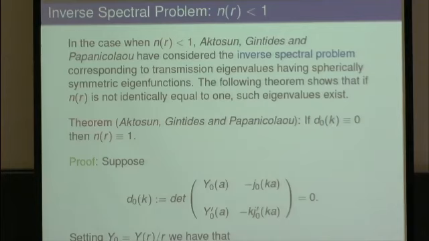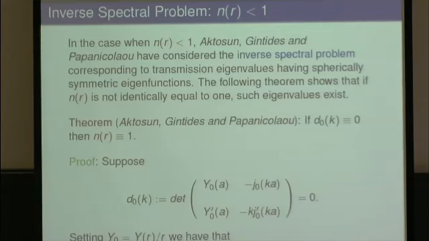So that means they're only going to consider the transmission eigenvalues corresponding to d0 of k, the transmission eigenvalues that have axisymmetric solutions. Incidentally, this paper hasn't even been published yet. It's been submitted, and hopefully it'll be accepted at some point or another.